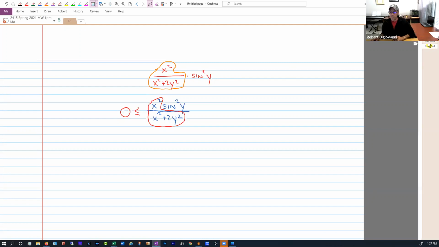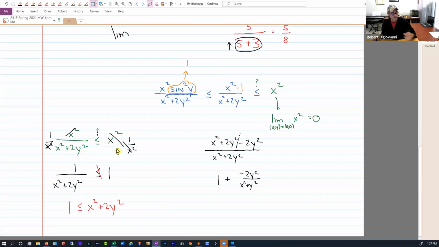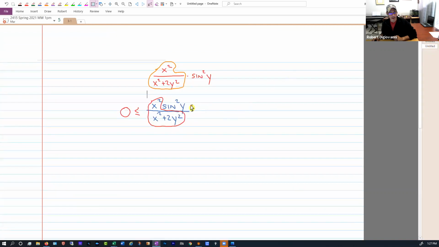Now, don't confuse what I just said with what we were doing a second ago. It didn't work there. Why didn't it work there? Because we canceled the x squareds and we had a 1 up here. 1 over this is not always less than or equal to 1. But if I have x squared over x squared plus 2y squared, and I'm asking myself, is that less than or equal to 1?